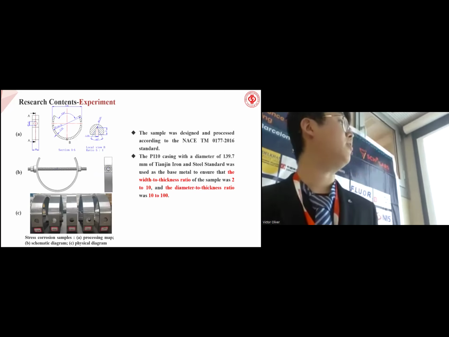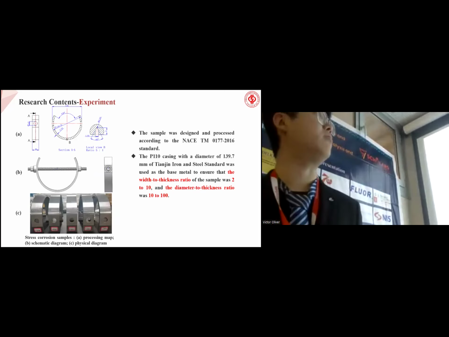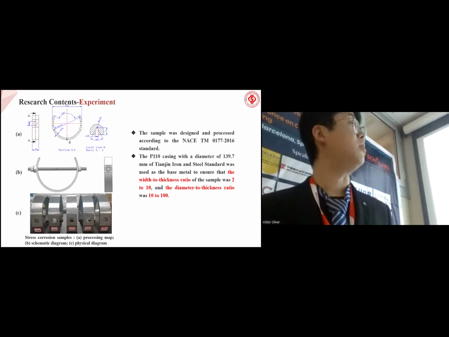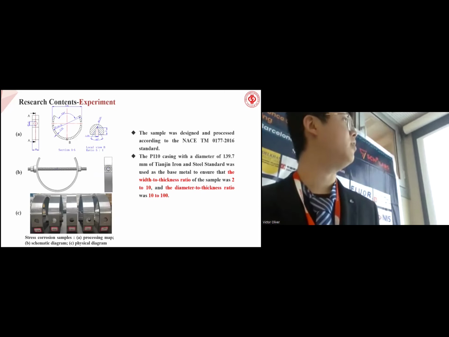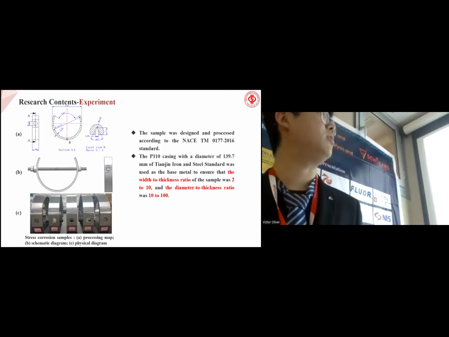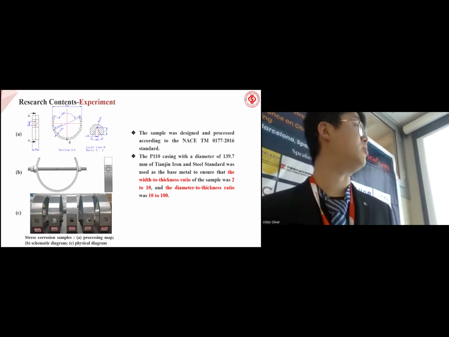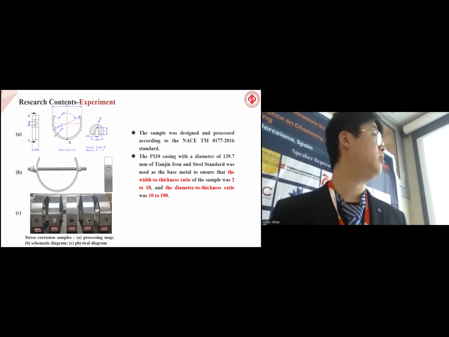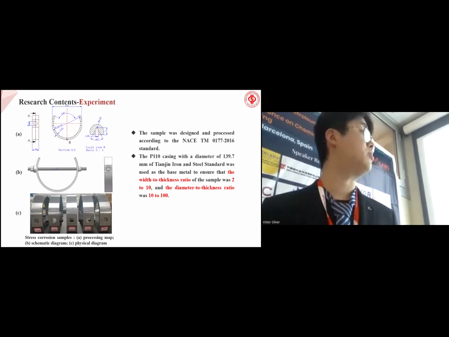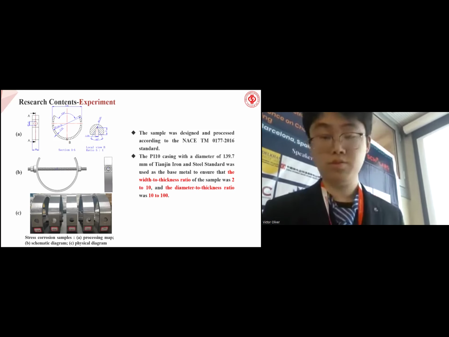The P110 casing with the diameter of 139.7 millimeters was used as a size model, the radius of the sample was 2 to 10, and the diameter was 10 to 100.